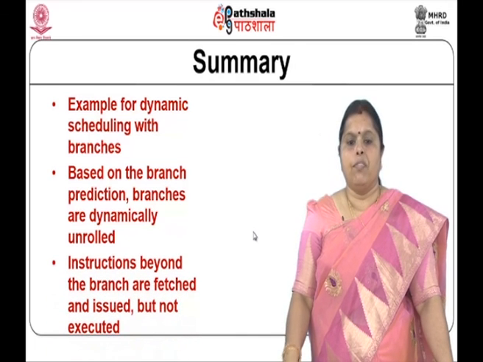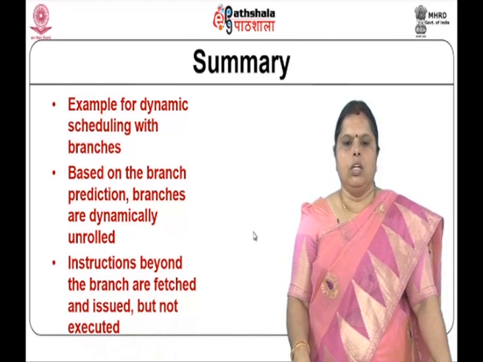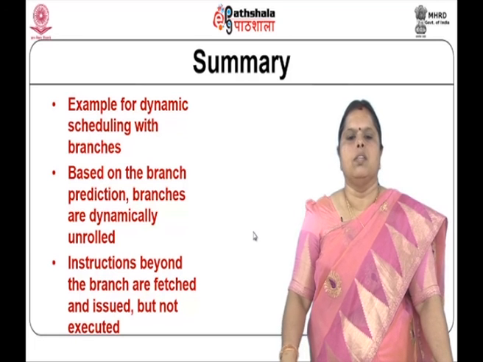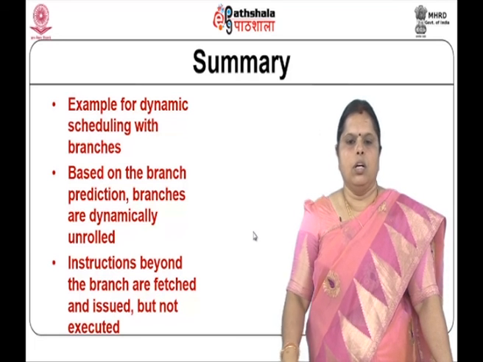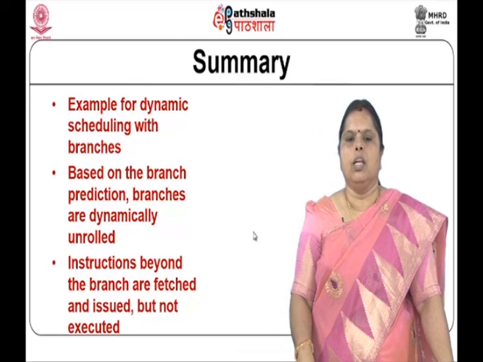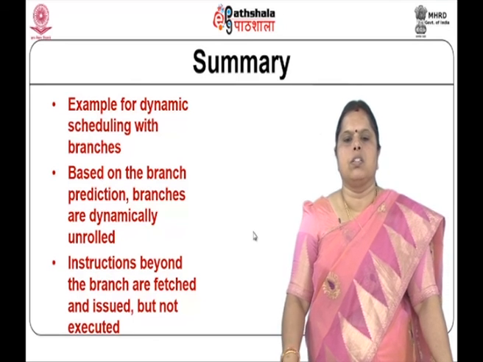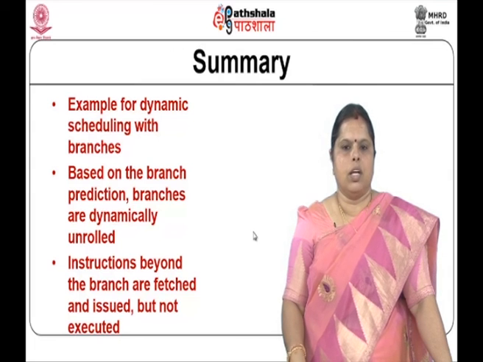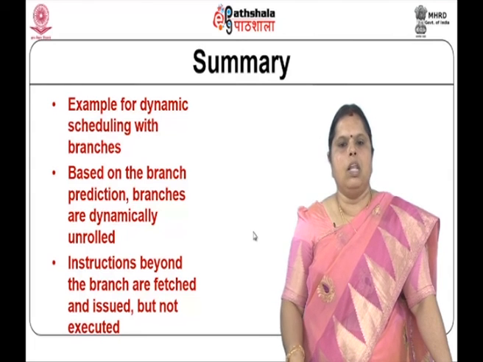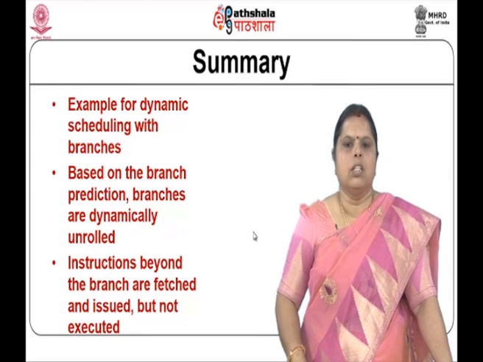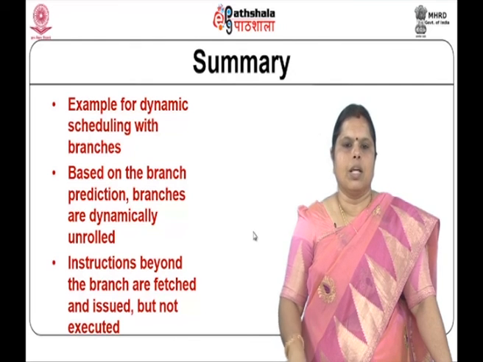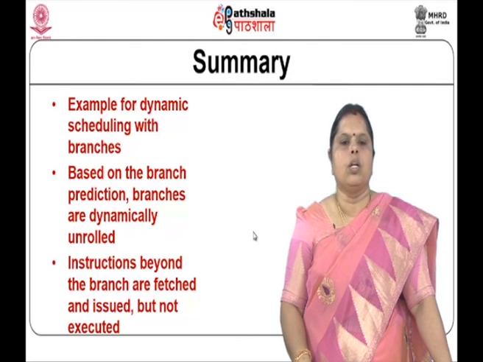We fetch instructions beyond the branch and issue them, but remember that these instructions are not executed. Even though we fetched instructions based on the branch predictor, for example the load instruction of the second iteration and the mul and store instructions, the load instruction of the second iteration will be executed only after the first branch gets resolved.